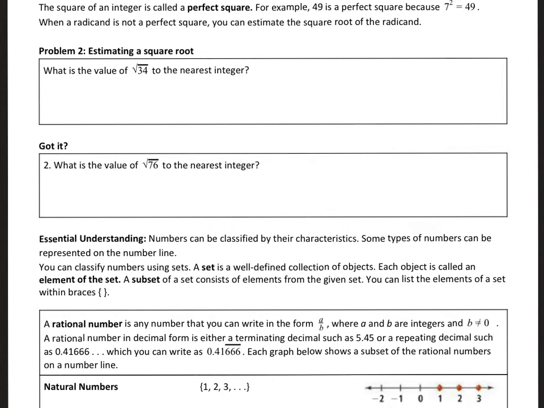So, the value of the square root of 34 to the nearest integer. When I look at the square root of 34, I've got to think of my perfect squares, all right? There are two perfect squares that 34 falls in between. 34 falls between the square root of 25 and the square root of 36, which means the result of this square root falls between 5 and 6.